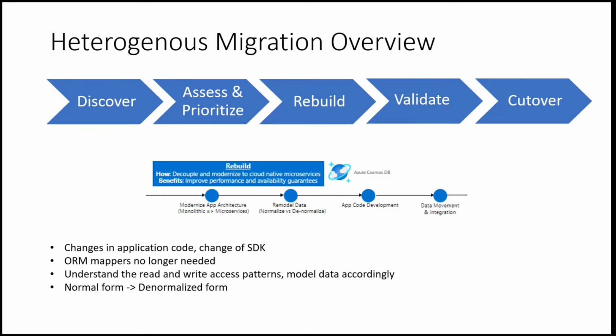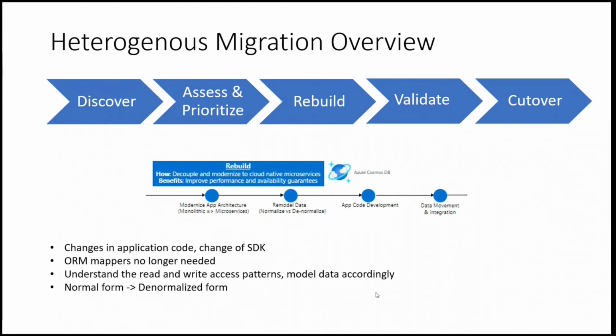They cause impedance mismatch because of the difference in the way the data is present in the database versus the structure that you're using in your application. So those challenges will go away. Your application code might become simpler as well, but it does need a rewrite nevertheless, because you will be changing the SDK, your data model, and your application code.